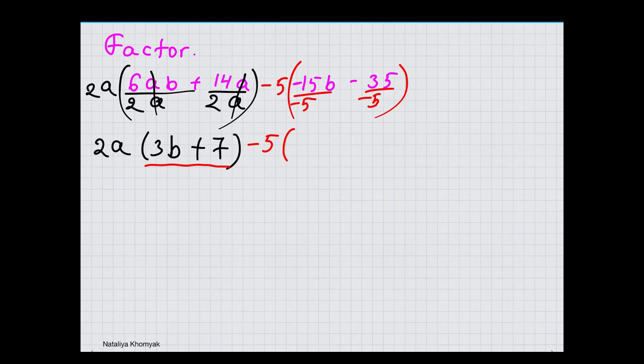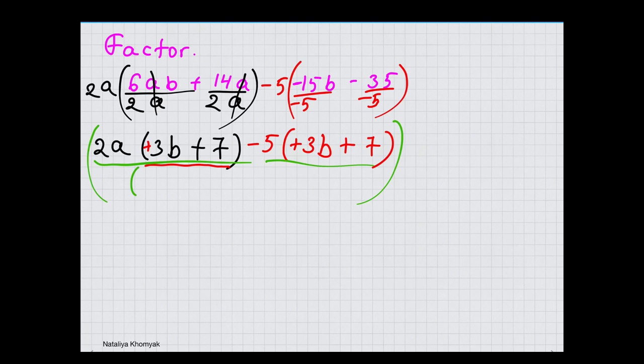What this will do, we would have negative divided by a negative. We would get a positive 3b. Negative divided by a negative, we would get a positive 7. Now that we have same signs, because this is a positive 3b also, we can factor out this parenthesis. For the factoring to work, whatever goes into denominators must match.